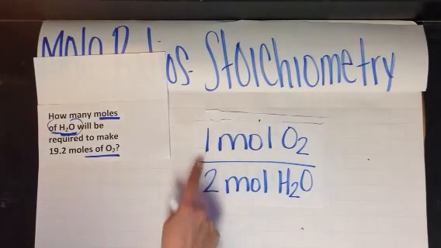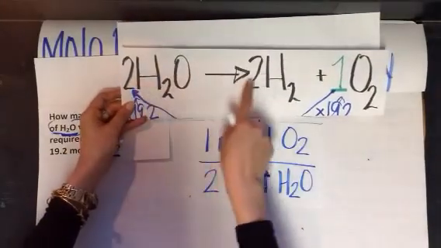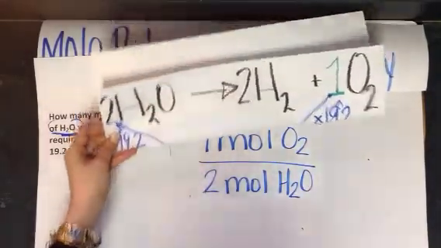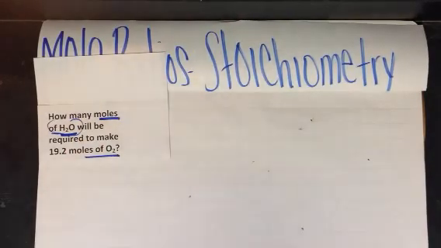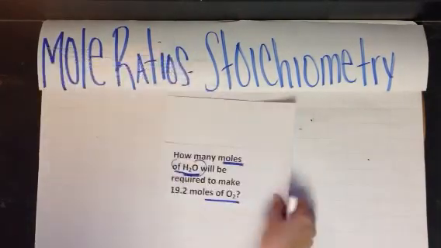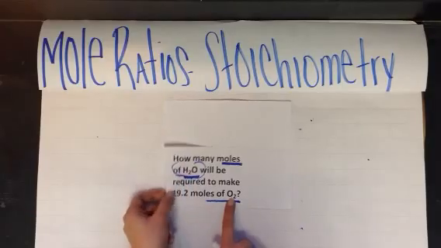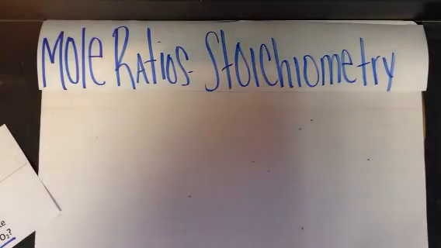And we get these numbers from our balanced equation, the coefficients in the front. And we use them as conversions now. So that's how we are able to go from one substance, oxygen, to another substance, water. Okay? This might be a good video to stop, rewind, and review this. It's a little bit of a tricky one, and see if you can do these again.